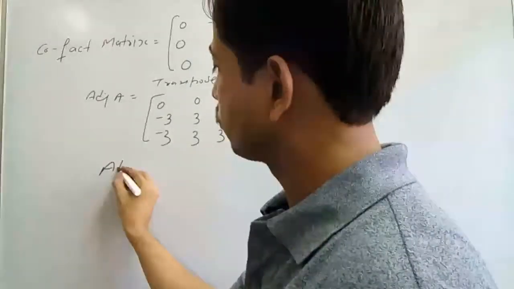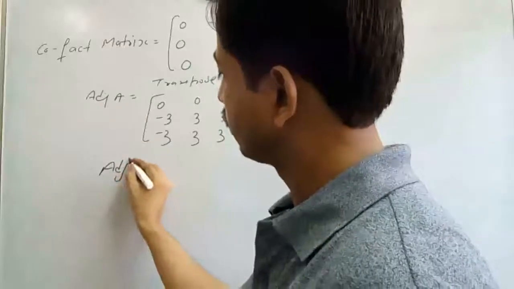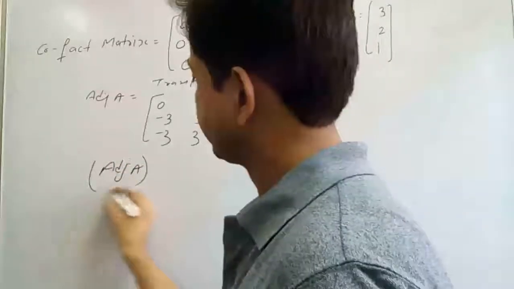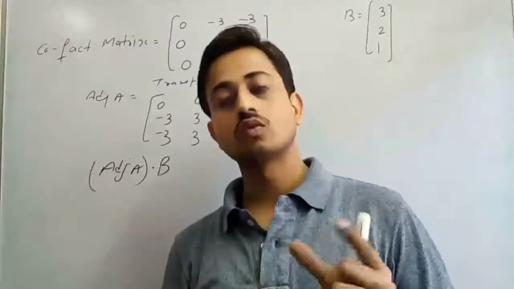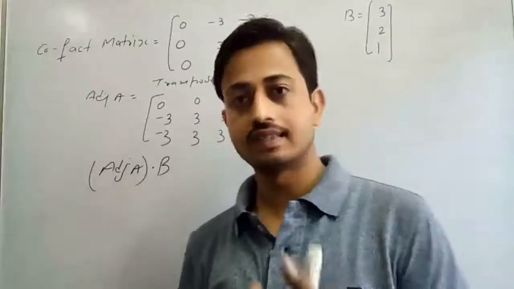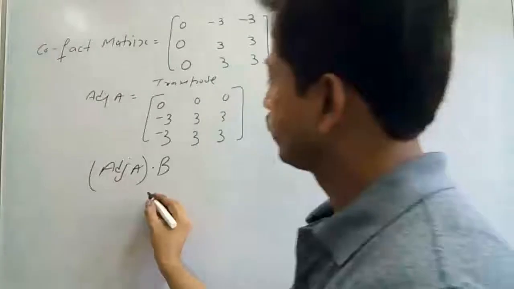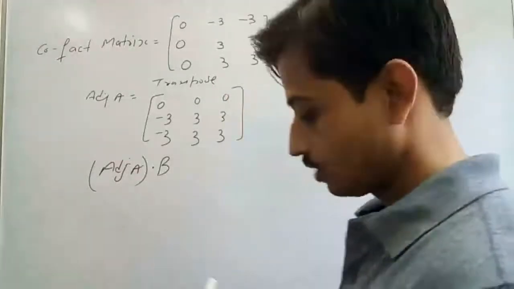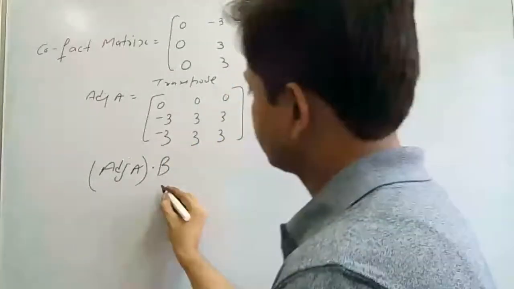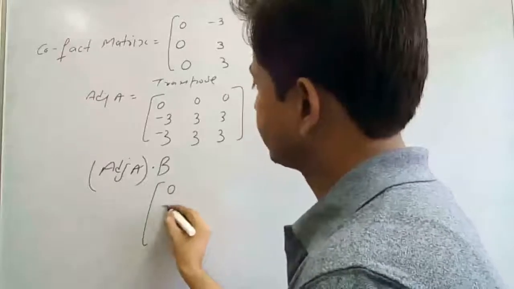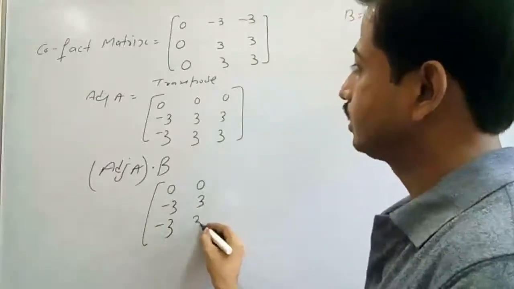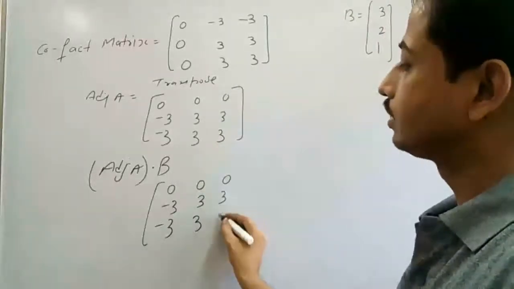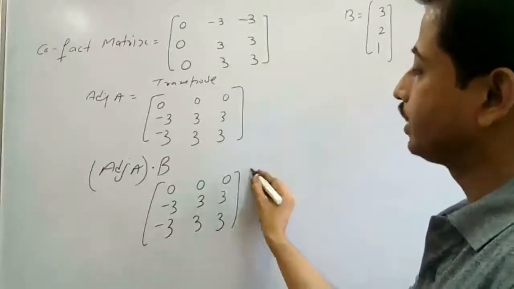Now we have to find adjoint of A into B, because it decides whether the solution is consistent or inconsistent. So adjoint of A is this: 0, minus 3, minus 3; 0, 3, 3; 0, 3, 3. Now what is B?